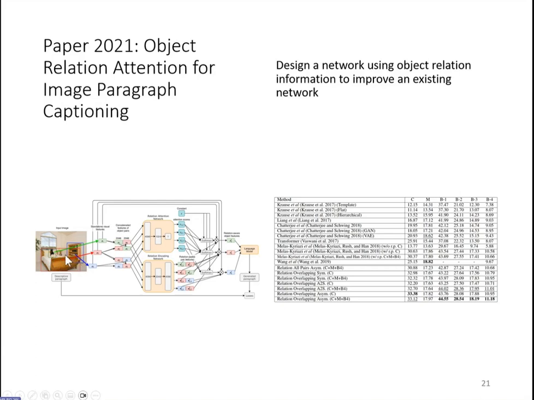Because he can use an object recognition algorithm, he can know there is a dog and there is a bed and there is a shape. So that he can create sentences like there is a dog on the bed, and beside the bed there is a shape like this one.